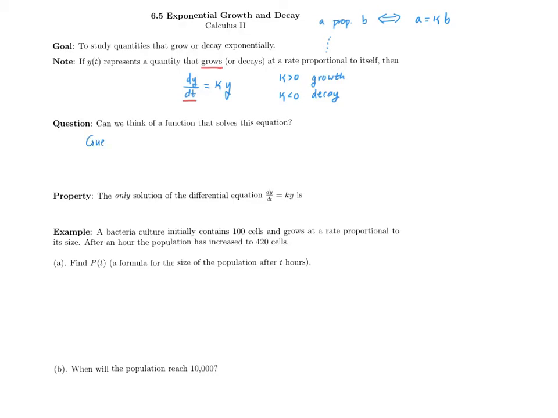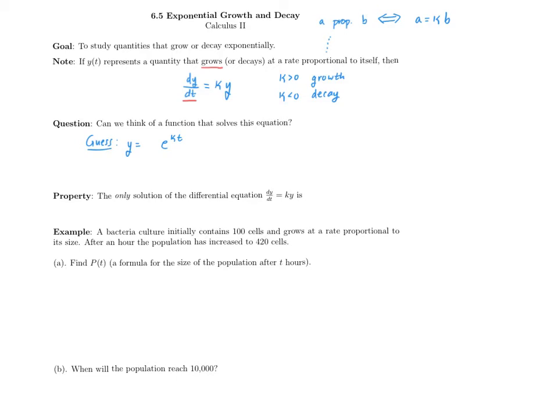I'm going to go ahead and just write this down as a guess, and then we'll check and see that it works. So my guess would be e to the kt, because we've seen by the chain rule when we differentiate e to the kt, you get that constant k just falling out front.